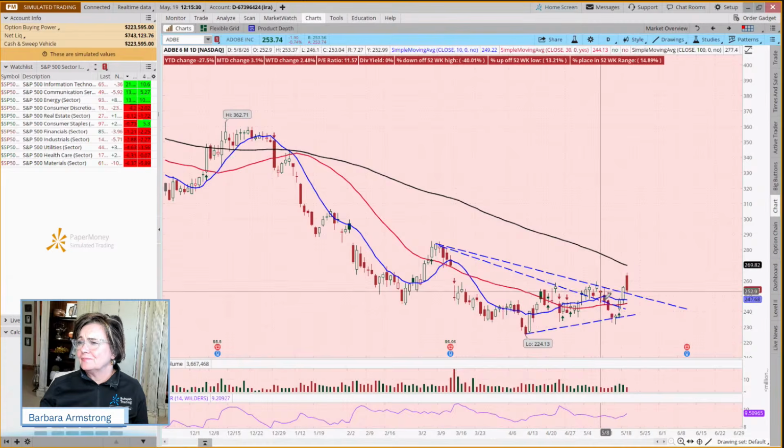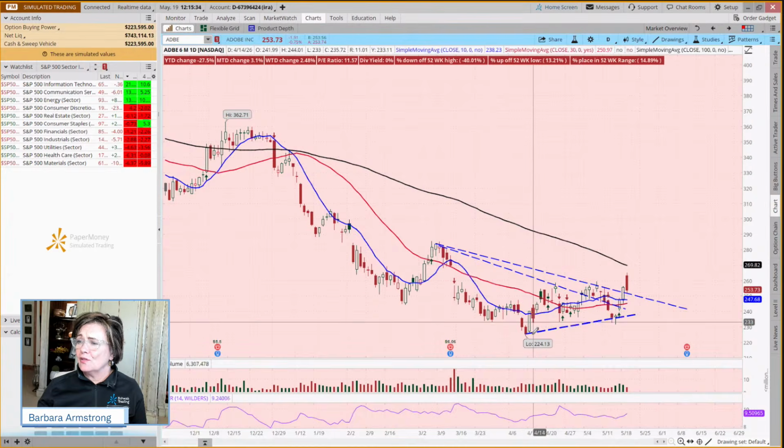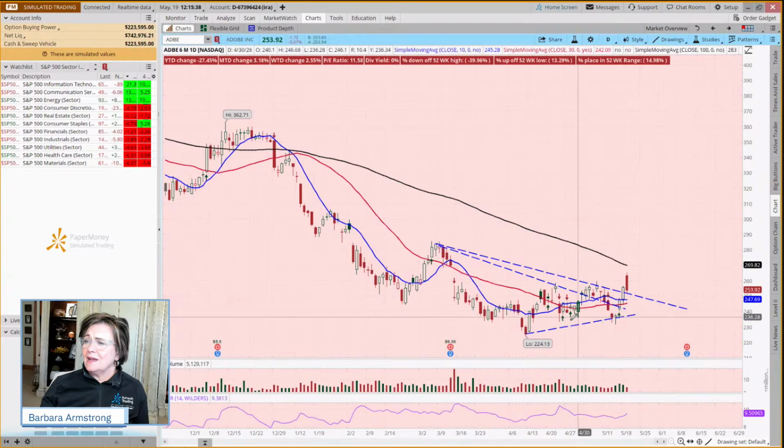And then it did kind of break out and it came back in, and came all the way back down. So you may say it looks like it may be breaking out.